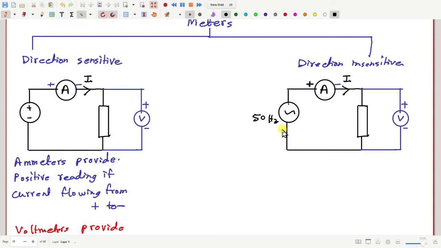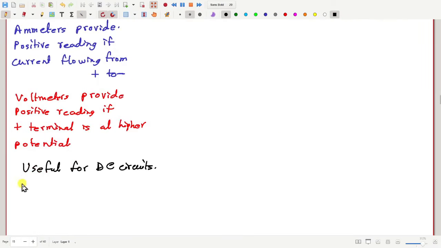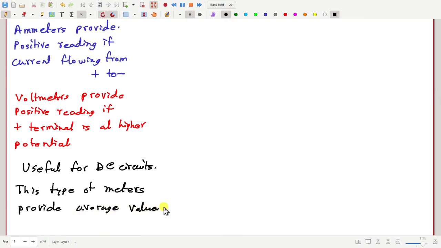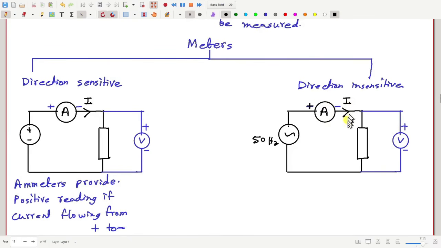Normally meters cannot change their reading so fast. So what will it give as its reading? It will give the average. Yes, absolutely. So this type of meter provides the average value, and in case of a sinusoidal AC, the reading will be 0. So we cannot use these meters.